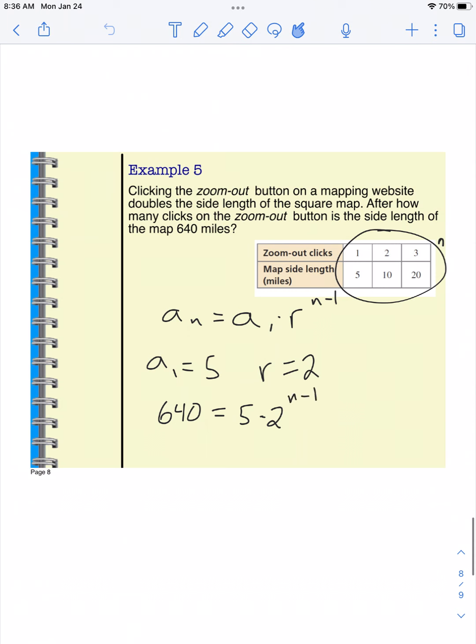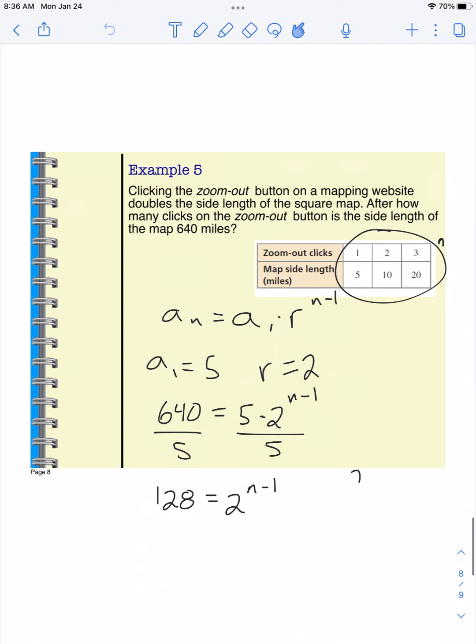Now we have to solve this backwards. If we're thinking of GEMDAS backwards, exponents come after multiplication when we're doing it backwards. So first we're going to divide by 5. 640 divided by 5 is 128. So now I have 128 equals 2 to the power of n minus 1.